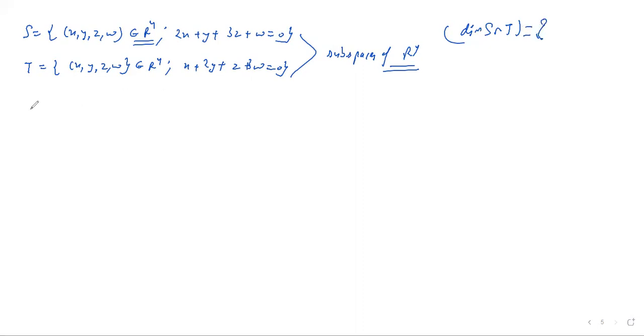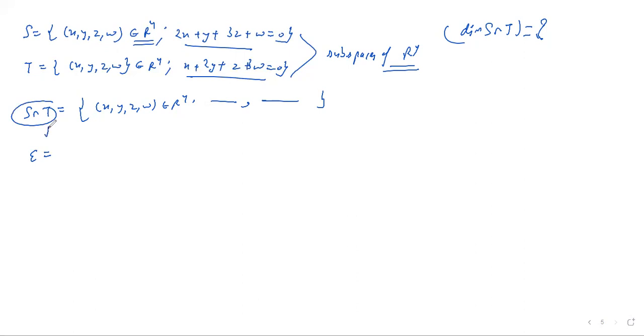How will we do that? What is S intersection T? S intersection T is the set of (x, y, z, w) belonging to the vector space R to the power 4 with two conditions: the first one is this, the second one is this. Now let's solve these equations. Let's say I have a vector E which belongs to this intersection, and (a, b, c, d) are its elements.